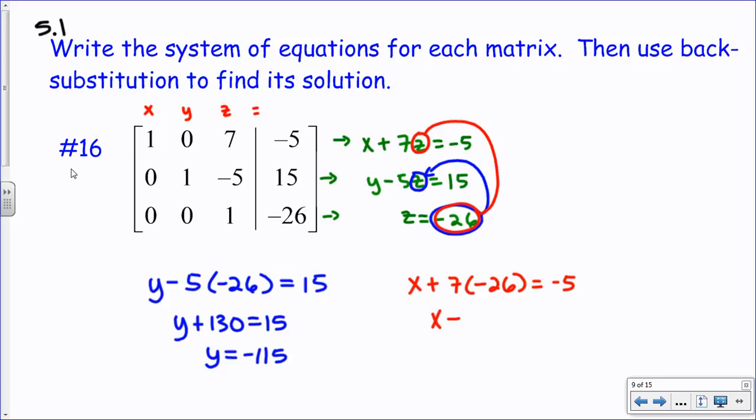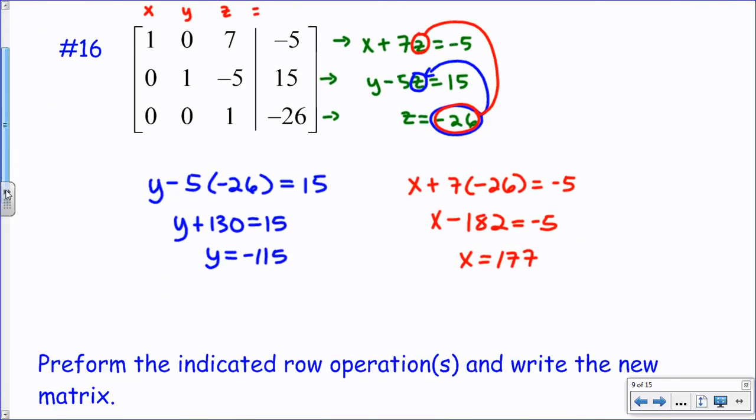So that's x minus 182, is that right? So x equals 177. Okay, so then my solution as an ordered triple: x is 177, y is -115, and z is -26.